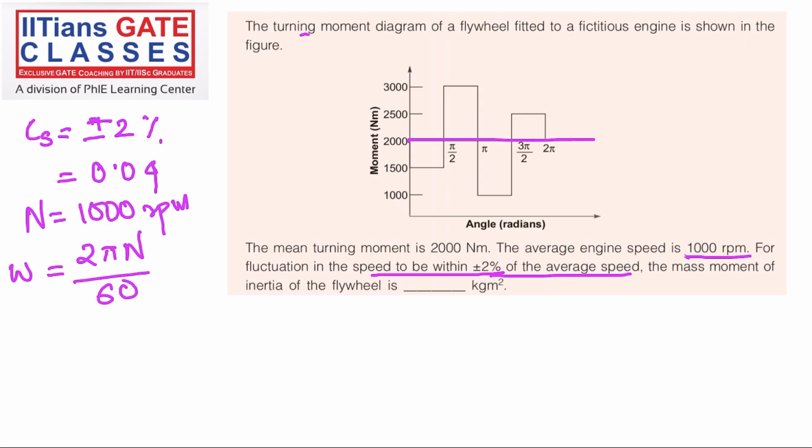Let us calculate what omega is. 2 pi N by 60, with N as 1000 divided by 60, so it is coming out to be 104.72. Omega is equal to 104.72.